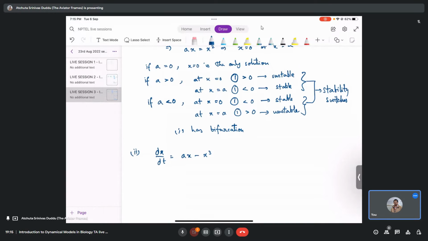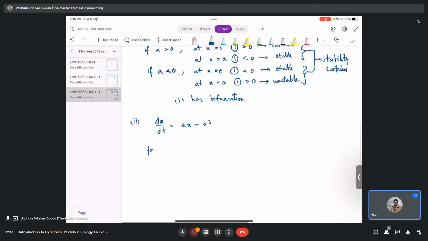Again for this, first we find the steady states. For steady states, again we do dx by dt equal to 0, which would imply x equal to 0 and x equal to plus or minus root a are the steady states.